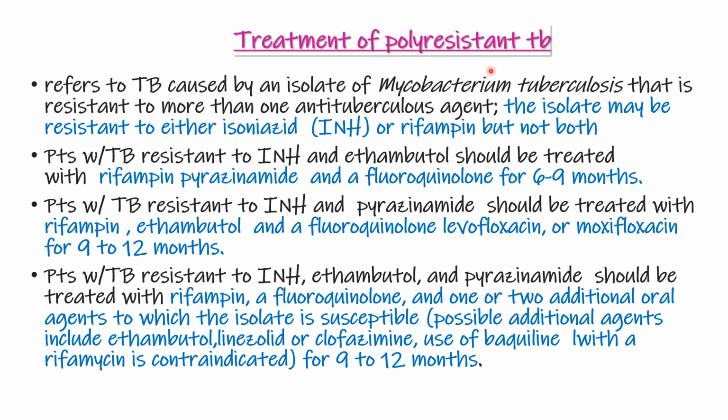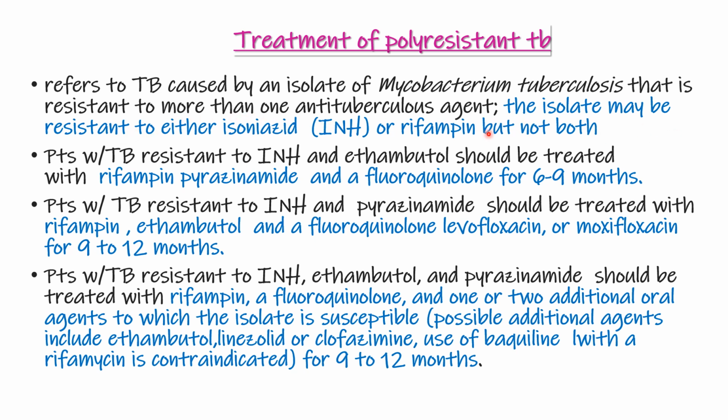Treatment of polyresistance. This is where you have resistance to more than one anti-TB drug, however it should not be both isoniazid and rifampin. Do not forget that we said rifampin resistance we treat like multi-drug resistance. So this refers to an isolate of Mycobacterium tuberculosis that is resistant to more than one anti-TB agent.